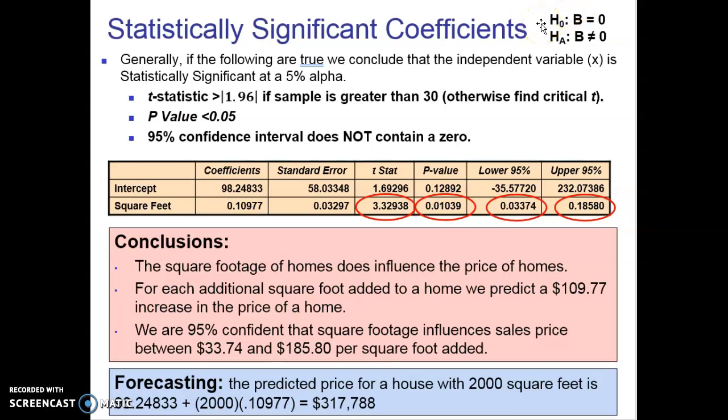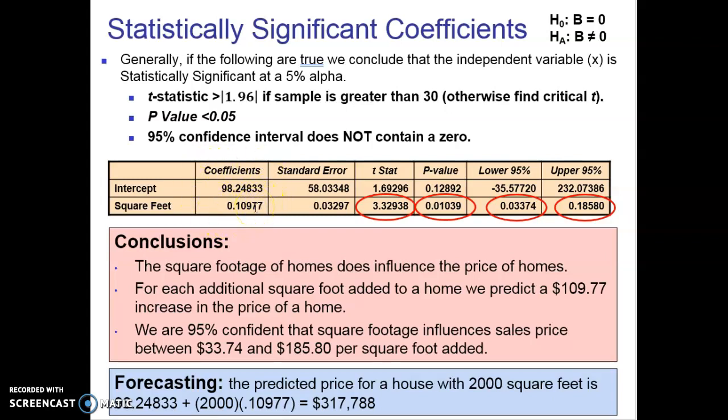So we need to create a hypothesis test to determine if our coefficients are significant. And what that means is our intercept and our square feet. These are the coefficients that are telling us how our X value is correlated with our Y value. More specifically, how square footage is correlated with home prices. And so these are important pieces of information.